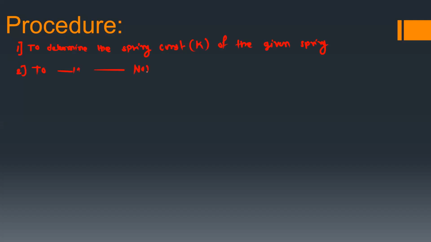When we conduct this experiment, there are two parts. First is to determine the spring constant, that is called K, of the given spring, and second is to determine the natural frequency of the given spring mass system.